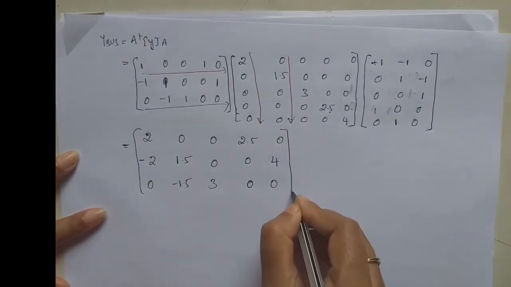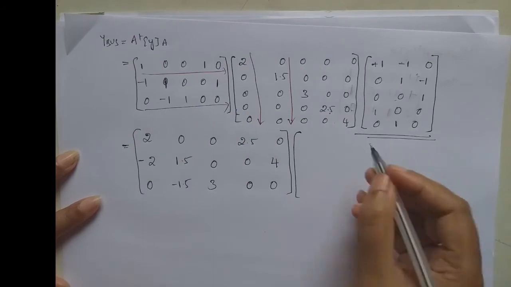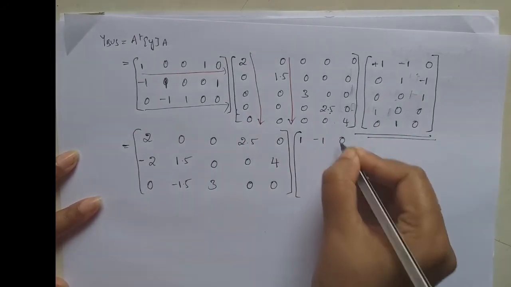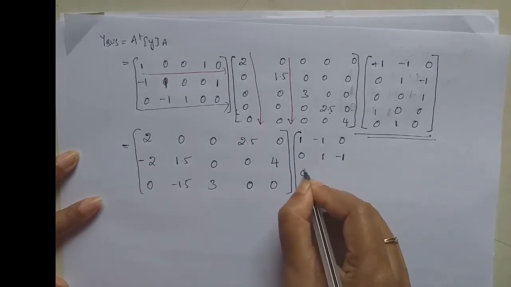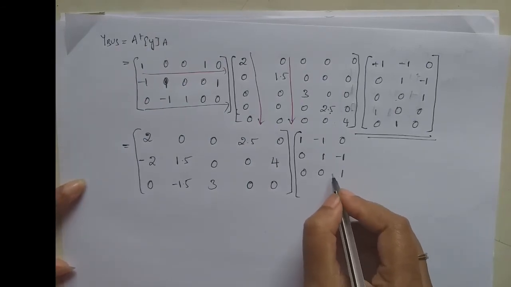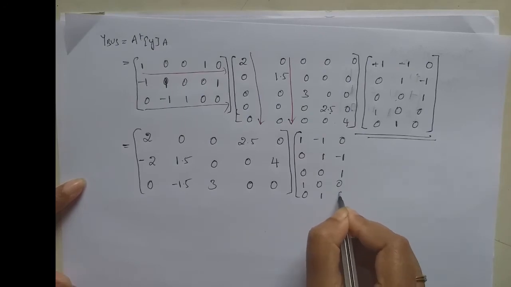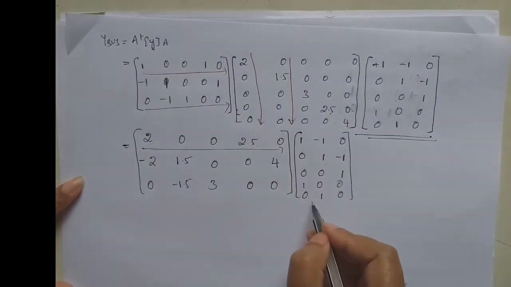Okay, this is the resulting matrix, and we are left with matrix A. So 1 minus 1 0, 0 1 minus 1, 0 0 1, and 1 0 0, 0 1 0. Now take first row and first column.